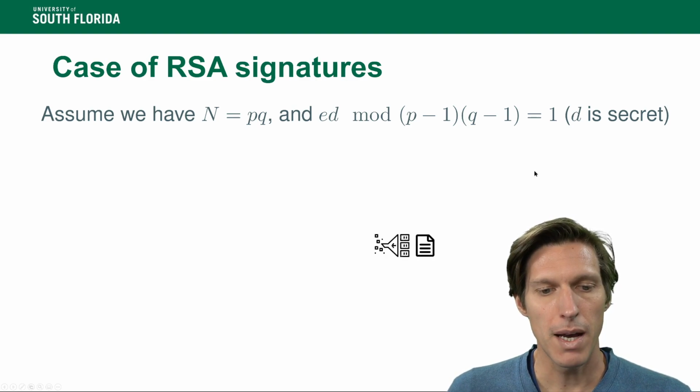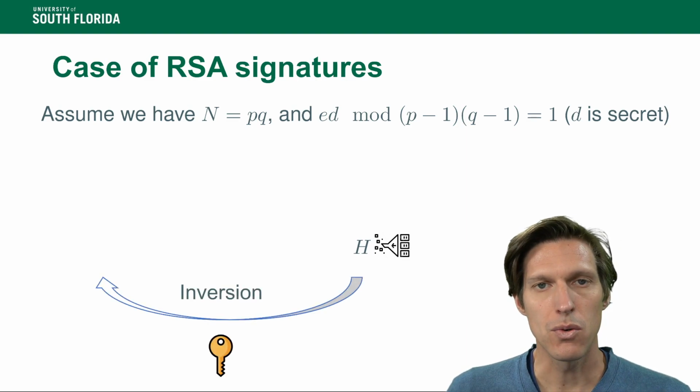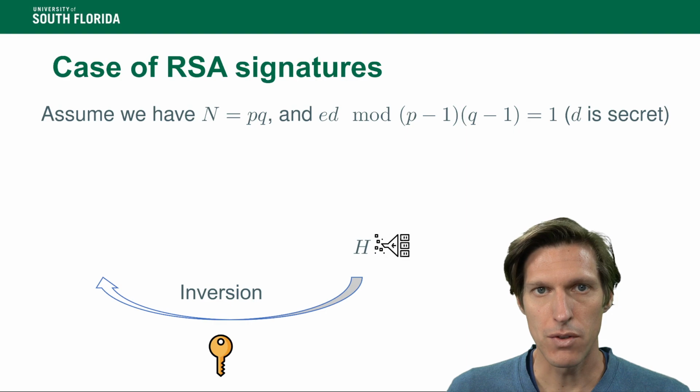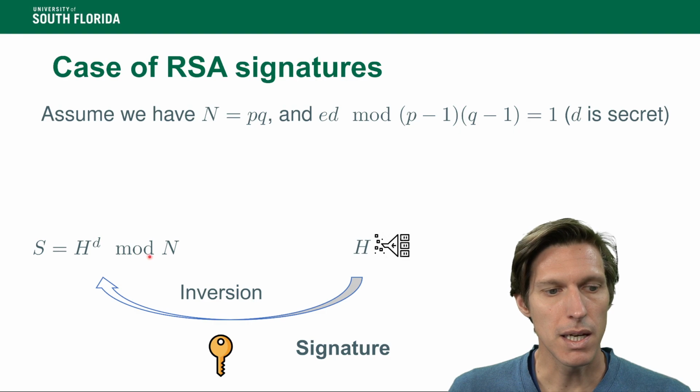So hash your message, which produces a number, and you feed it to the inversion of the RSA one-way function, which essentially means that you raise h to the power d and reduce mod n, okay? And that is your signature.